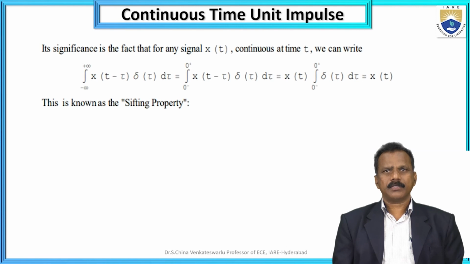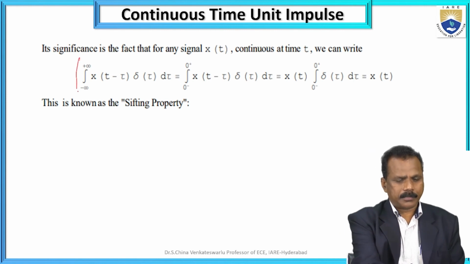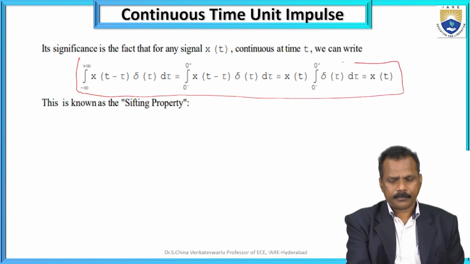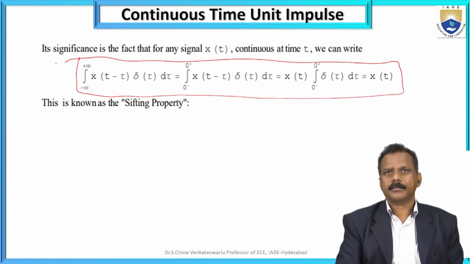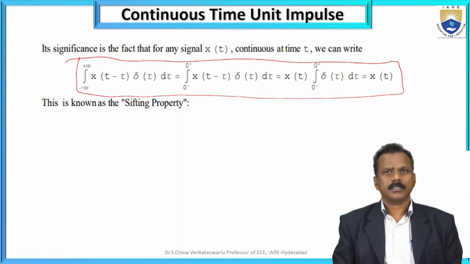It is significant in the fact that for any signal x of t continuous at t, we can write this mathematical expression: x of t equals the integral from minus infinity to plus infinity of x of t minus tau into delta of tau d tau. This is known as the shifting property.